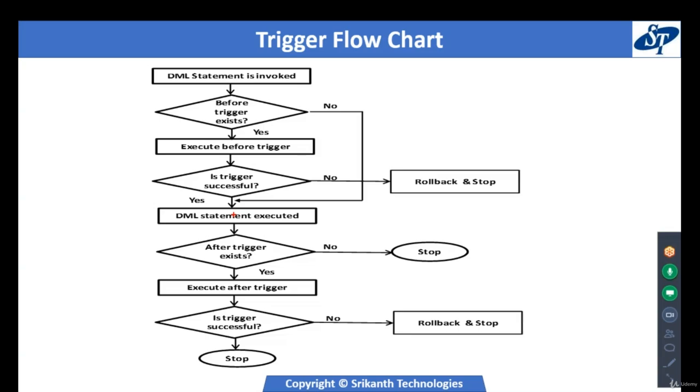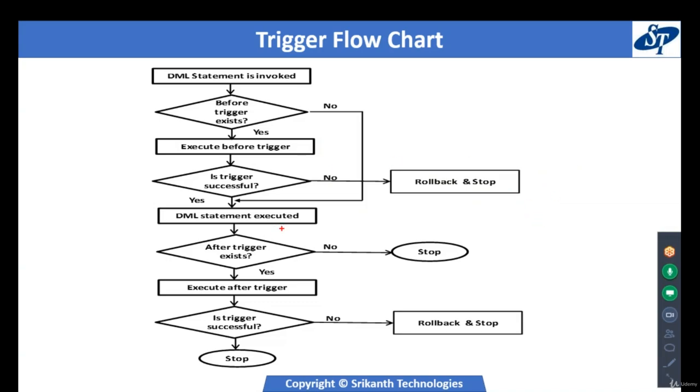Unsuccessful exit means there is unsuccessful termination because of an exception not being handled, or you are explicitly raising application error. Now, once the trigger is successful, we proceed. If the trigger is not successful, then we are going to roll back all the changes made and stop the process here.